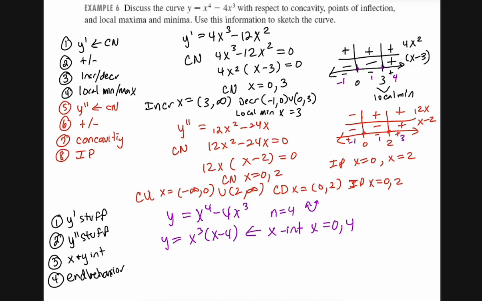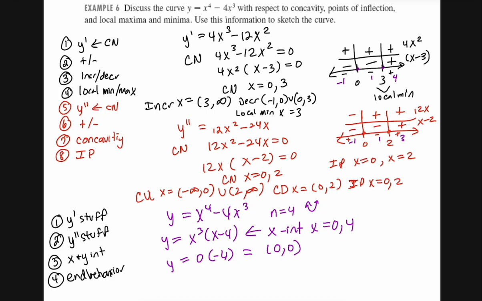The y-intercept, if you plug in 0, you also get 0. So it has a y-intercept and an x-intercept. It goes through the origin. So if it has an x-intercept of 0, it will have a y-intercept of 0 as well. Okay, so now we know a lot more information about the graph.